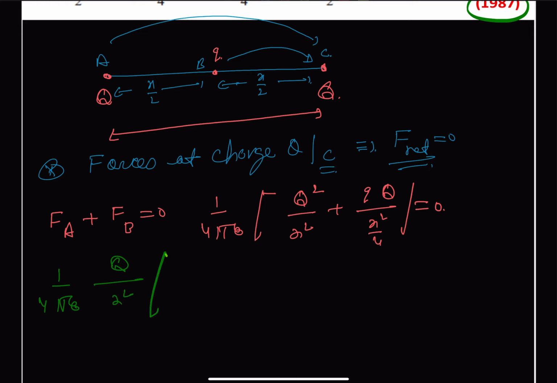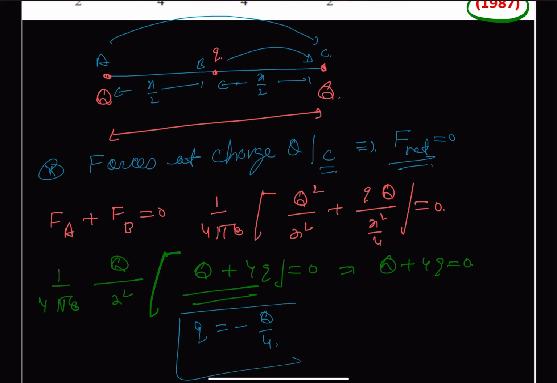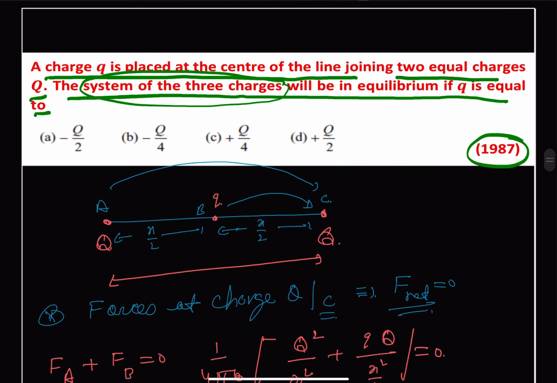So we are left with Q plus 4 times small q is equal to 0. This gives us that small q is equal to minus capital Q divided by 4. So option B is the correct one.